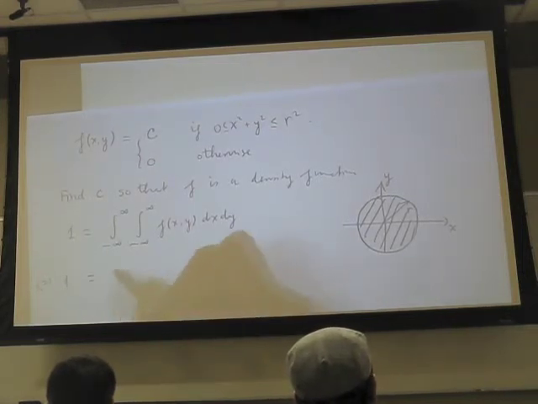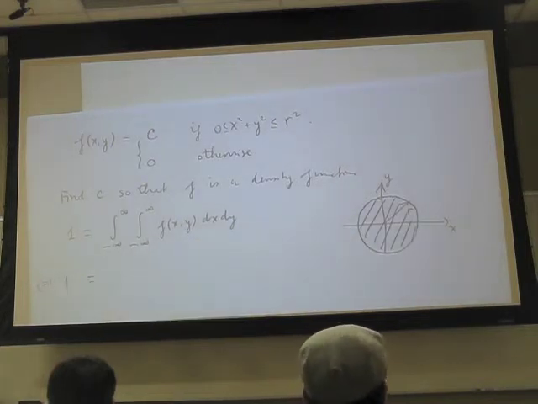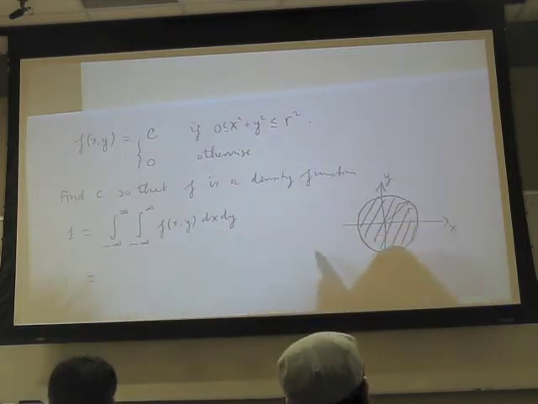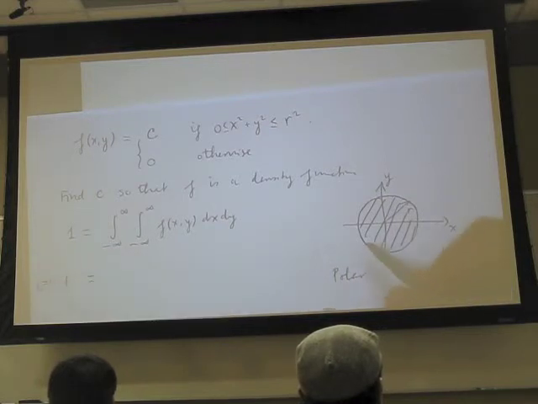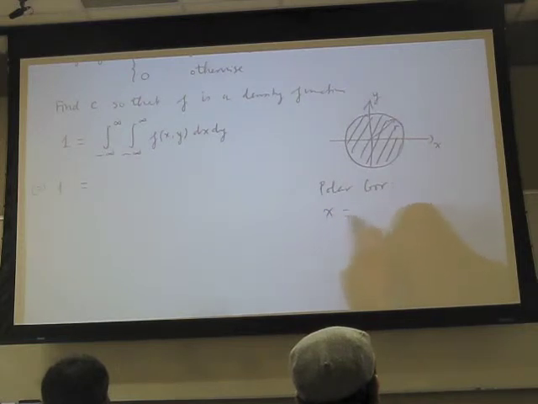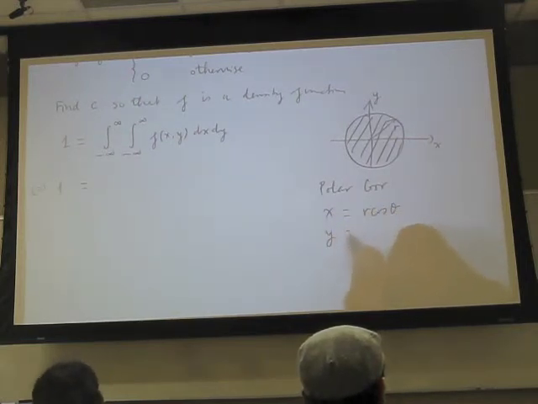When I switch over to polar coordinates, I'm going to review polar coordinates with you. My x is going to be given by r cosine theta, and my y is going to be given by r sine theta, right?